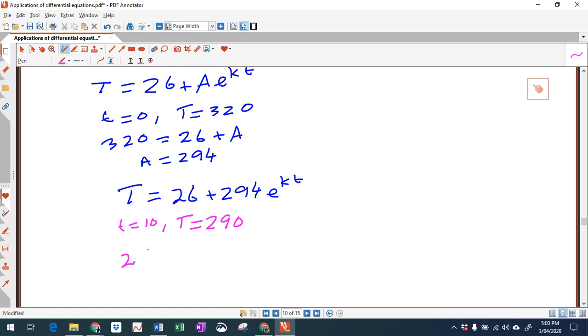So I can go, well, 290 equals 26 plus 294 e to the 10k. Okay, so take 26 from both sides, you're going to get 264 equals 294 e to the 10k.